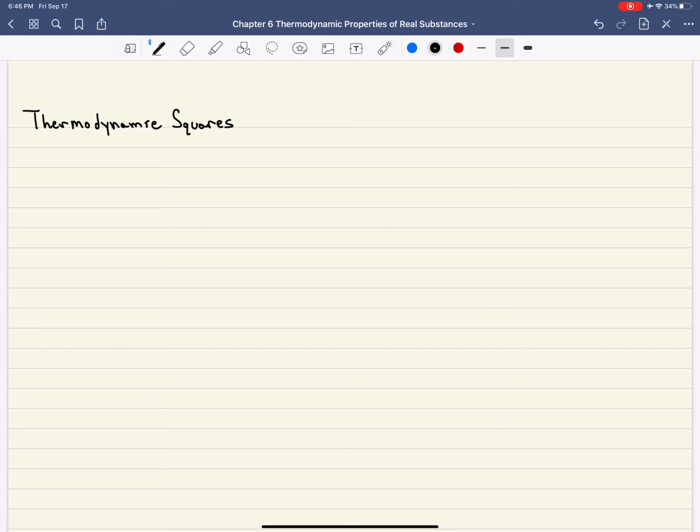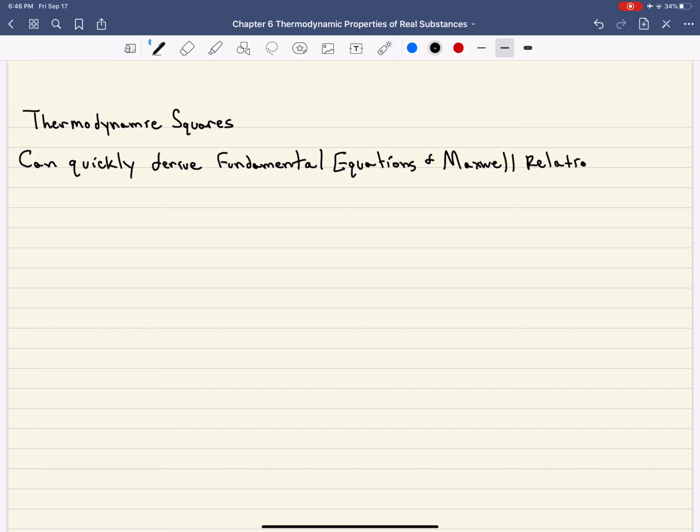Okay? And so we call this mnemonic a thermodynamic square. What the thermodynamic square allows you to do is quickly derive fundamental relations, or fundamental equations, I guess, and those Maxwell relations really quickly.